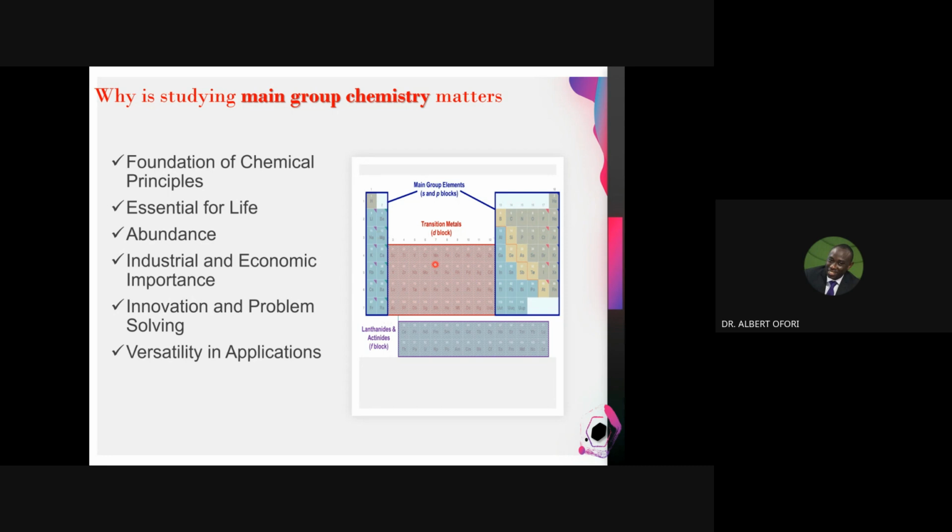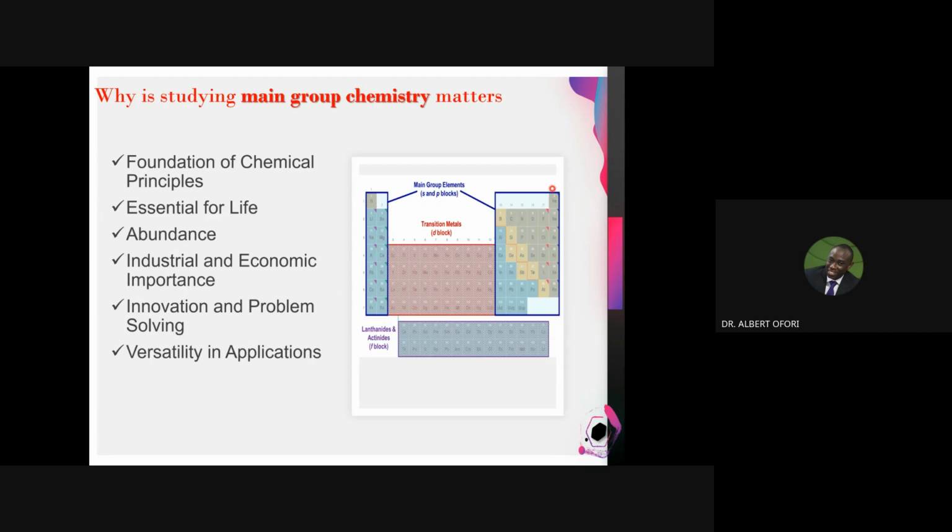So if each of them is taking 2, then it means that we'll have 10. So in the d block, we have 10 groups. The f can be oriented 7 times. So each of them takes 2, so we should have 14 in all.